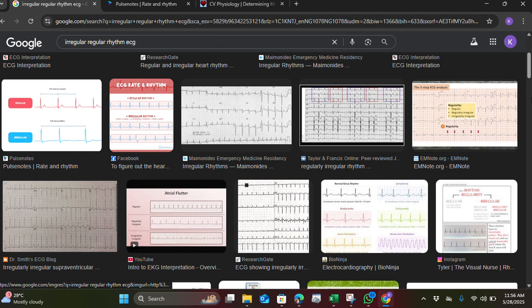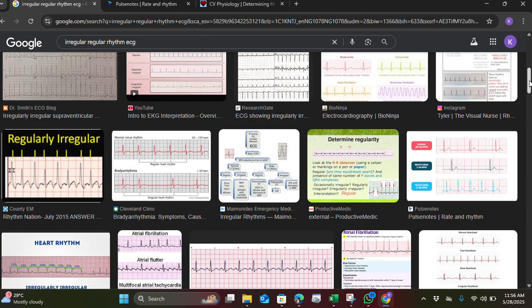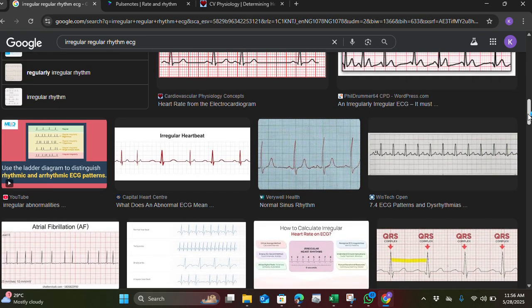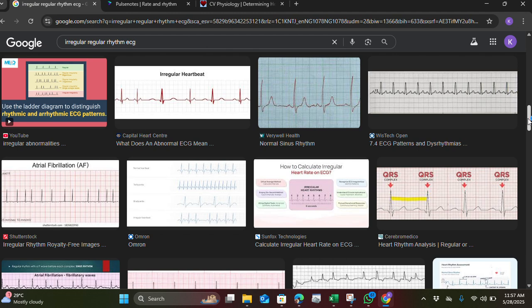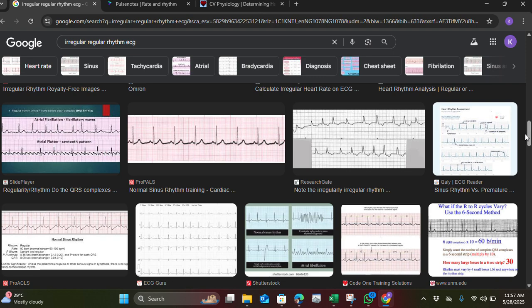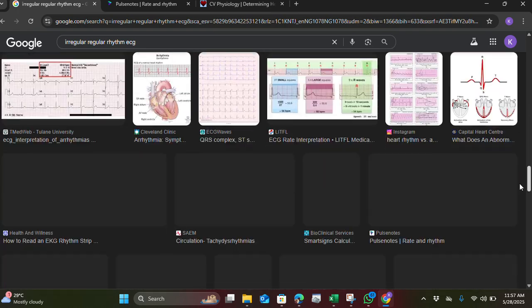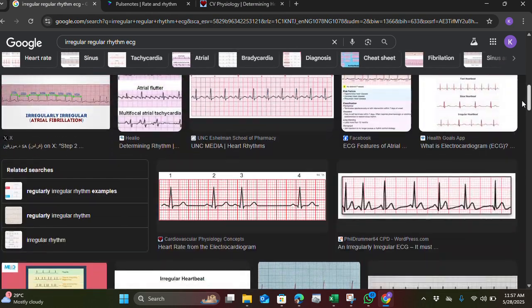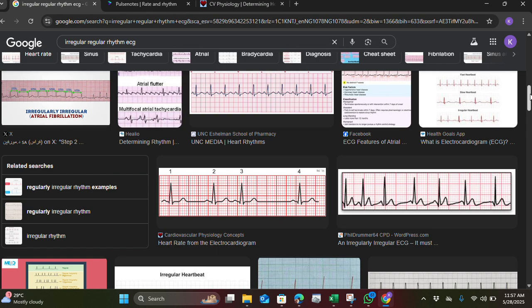Let me check it here. Regular irregular. Oh no, not this one. This one is not showing it well. Regular irregular is atrial fibrillation. Sorry, let me just, I'm not seeing what I want to see here.